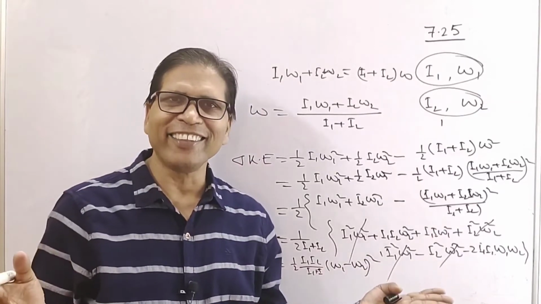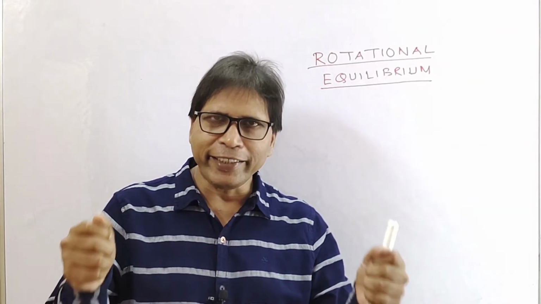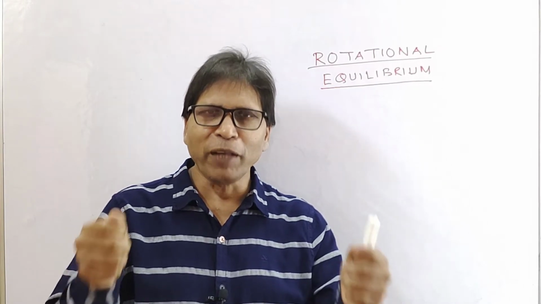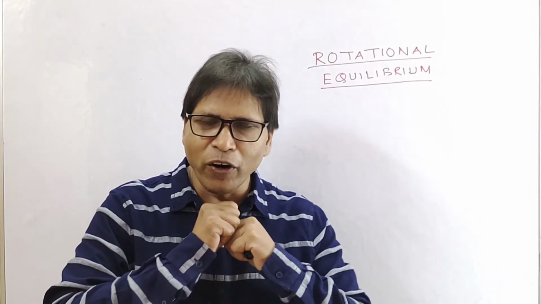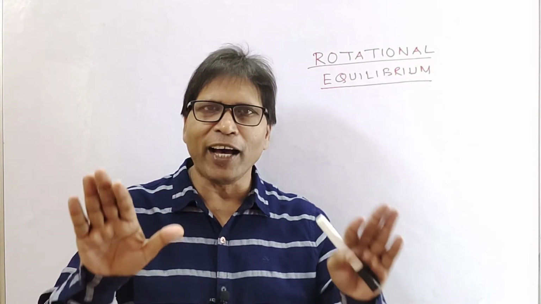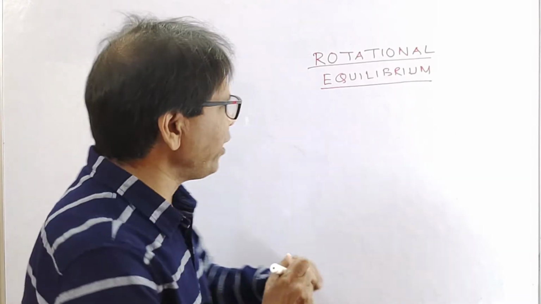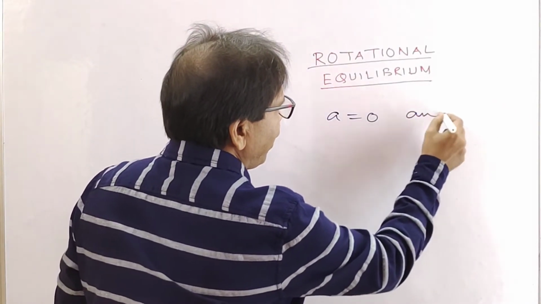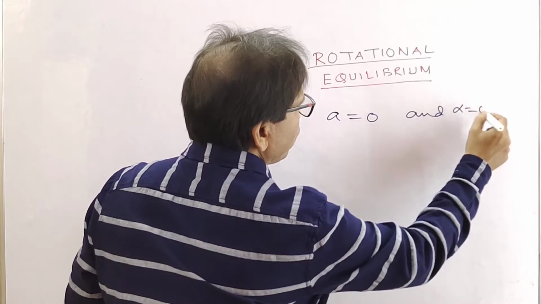Okay, understood? Now next, rotational equilibrium. A body is said to be in rotational equilibrium if the body has no linear acceleration as well as angular acceleration, that is a equal to 0 and alpha equal to 0.